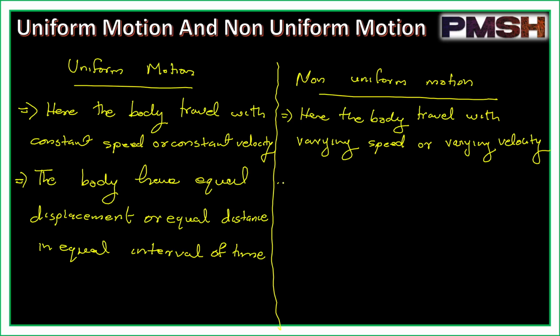And what about here? In non-uniform motion, the body is having varying speed. That is, the value of the speed or velocity keeps changing. That means the body cannot cover equal distance or equal displacement in equal intervals of time. Or you can say the body covers unequal distance or unequal displacement in equal intervals of time.